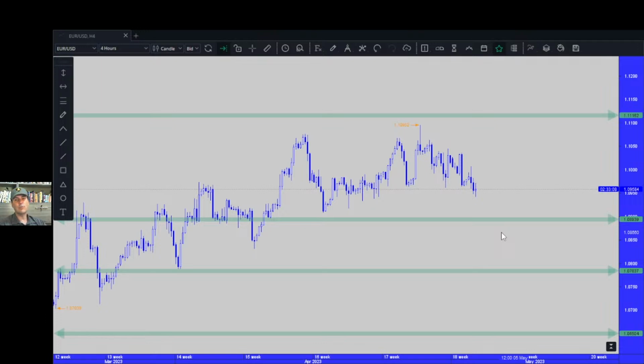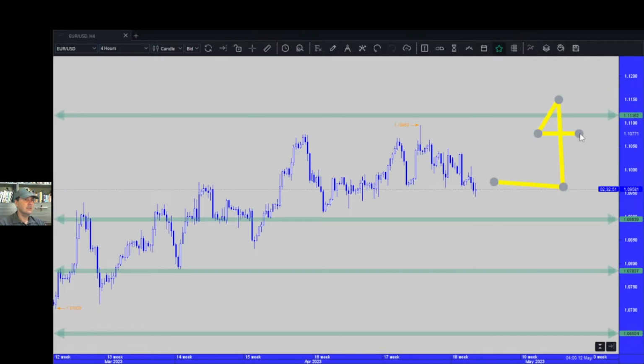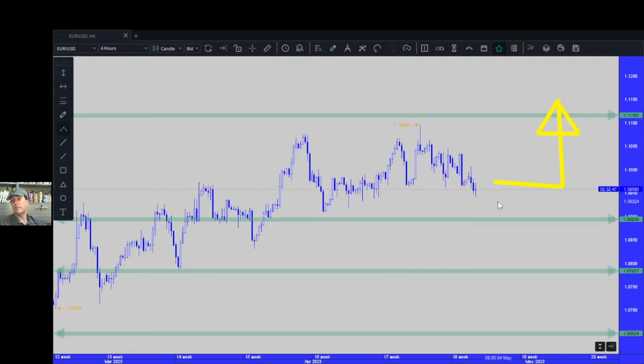There is no right or wrong, exactly. You can have two different traders looking and staring at the same chart. One is going to buy the market. The other one is going to stare at exactly the same chart on the same time frame and is going to sell the market.